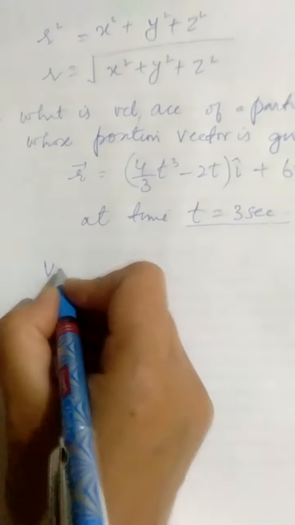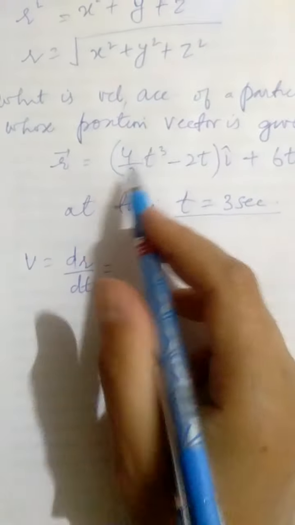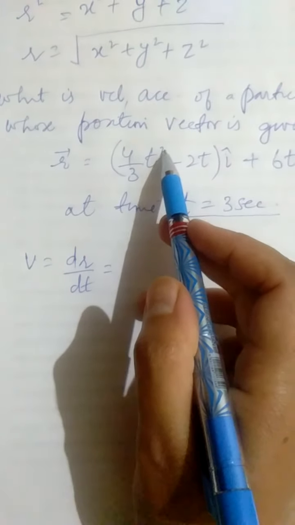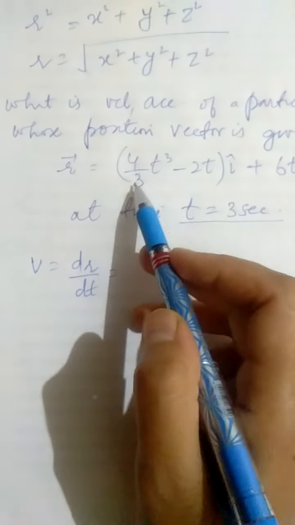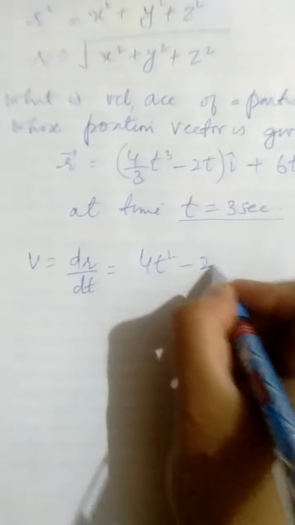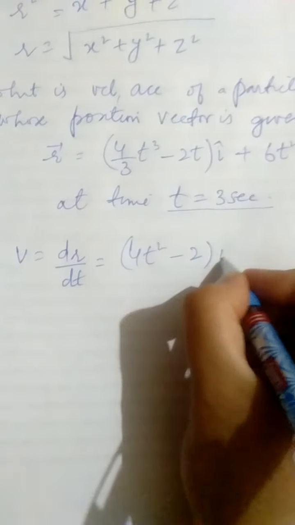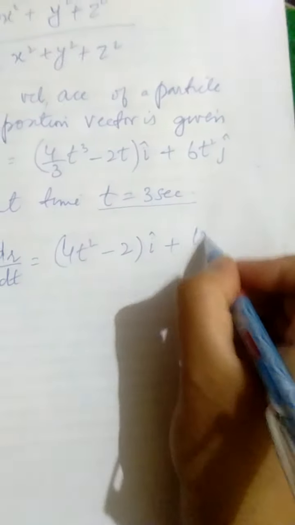Now, what is velocity? It is dr by dt. Obviously, in the differentiation, the power comes down and one power gets reduced. All of you know that 3 and 3 will get cancelled. You are left with 4t square minus 2. This is the i component, plus that is 12t j.